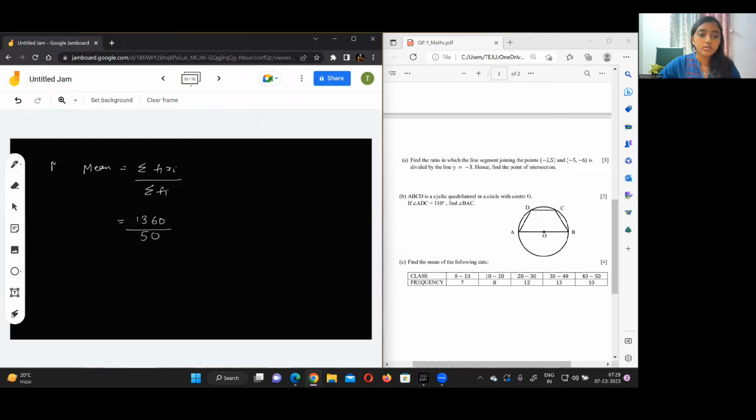So cut, you have nothing but 136 by 5. 5 2s are 10, 3, 36. 5 7s are 35. 5 2s are 10, so 27.2. So therefore, the mean of the following data is 27.2.